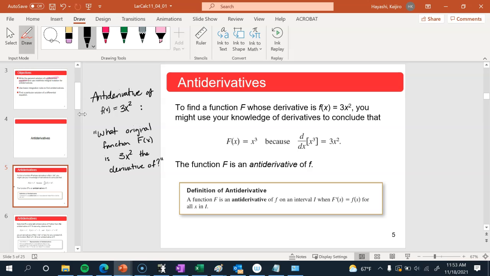And that's all that antidifferentiation is. But that original function, big F of x, is the answer to the question of what is the antiderivative. The antiderivative, whatever that big F of x happens to be, that's going to be the antiderivative of little f. Okay.